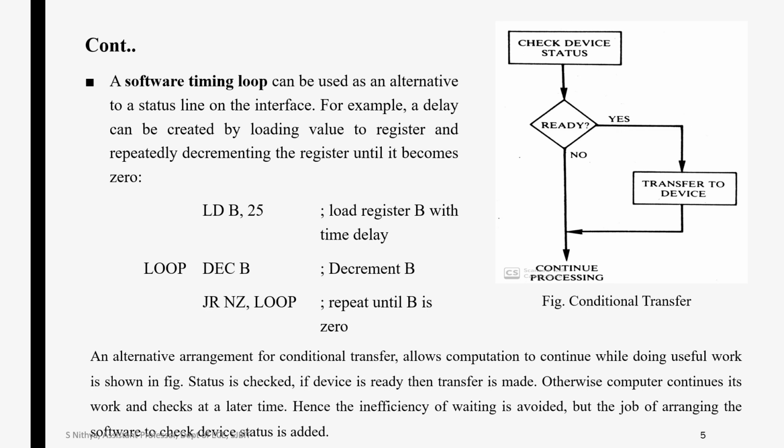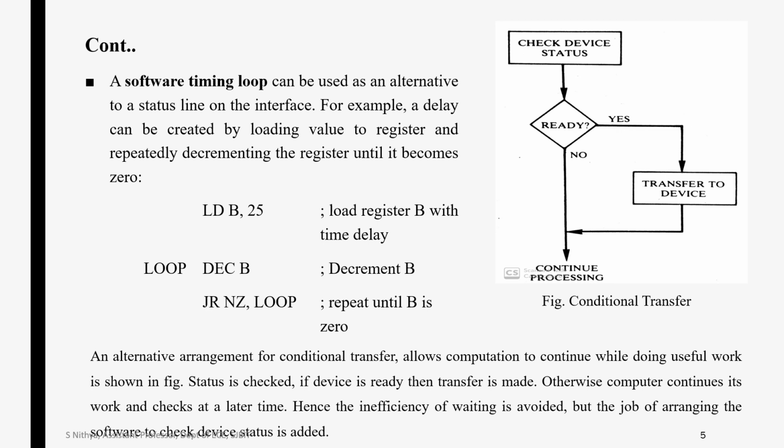A software timing loop can be used as an alternative to a status line on the interface. For example, the delay can be created by loading a value into a register and repeatedly decrementing the register until it becomes 0. One program given is LB 25, that is loading register B with a time delay, here 25.